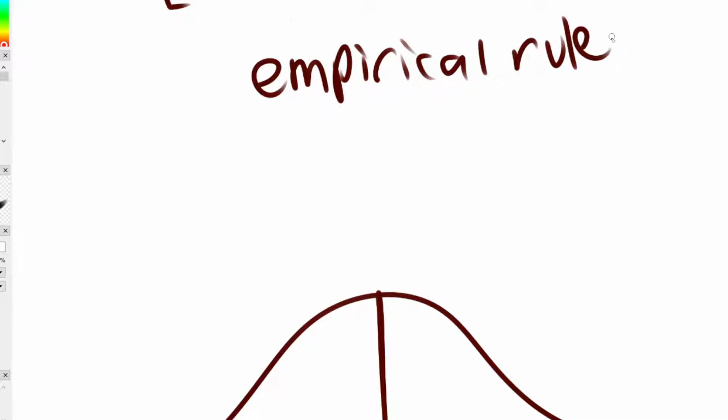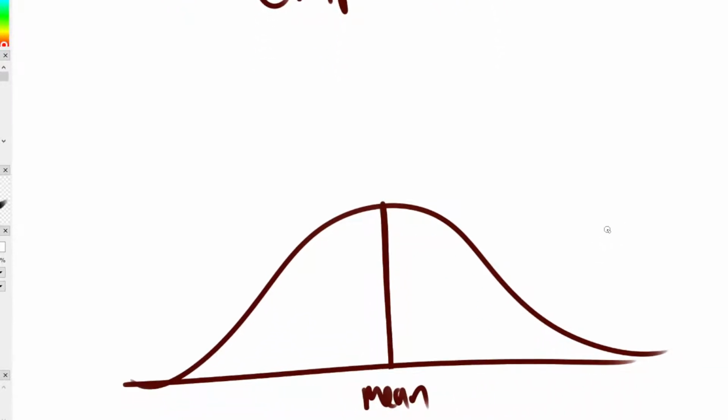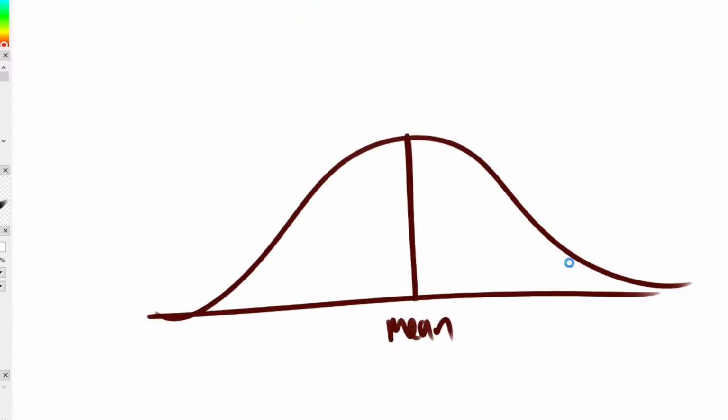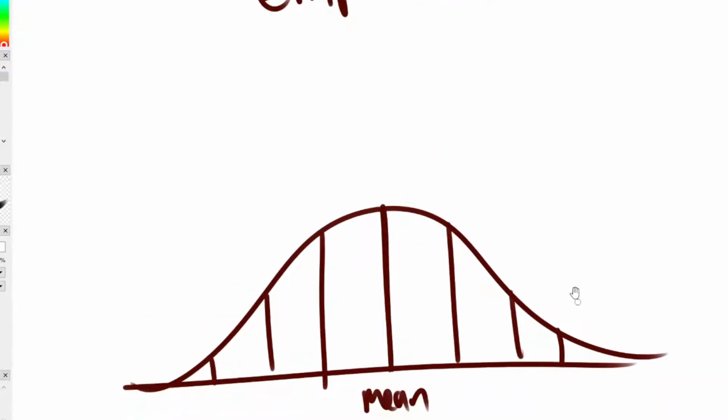You will need to memorize at least 3 values from the empirical rule for the test. I'm pretty sure, not 100% sure, that it will probably be on the test. So we'll go over that really quick.